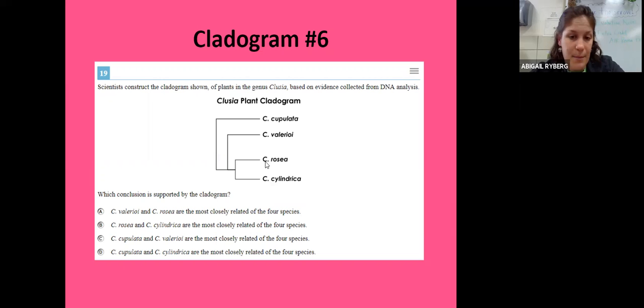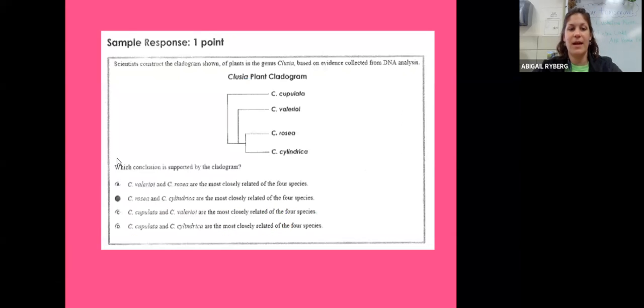So let's see if that's an option. If you look at their little web, they are going to be the closest together. And in fact, option B, C. rosea and C. cylindrica are the most closely related of the 4 species, and that is correct. So the answer is B.